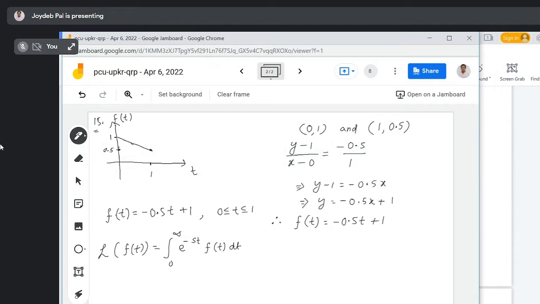So only the non-zero part, the existing part, is 0 to 1. e to the power minus st into f(t), so minus 0.5 t plus 1, dt. Now I think you can solve this integration, right? So that is your homework. You solve it.